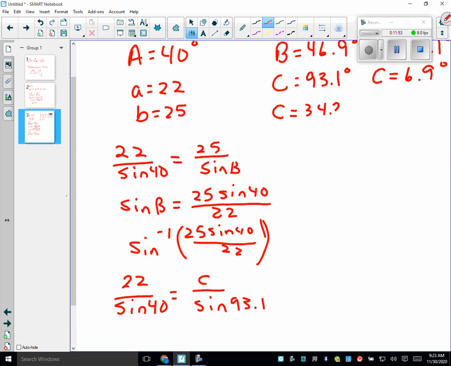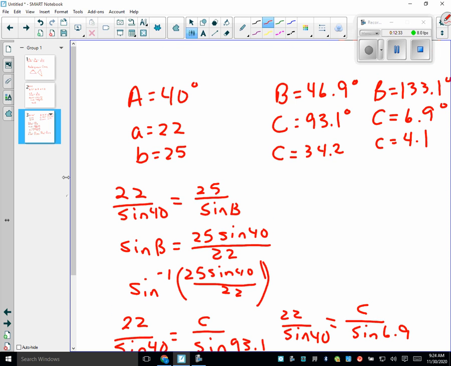Then I do the same thing: 22 over the sine of 40 equals C over the sine of 6.9. You agree? So over here, C is 4.1.